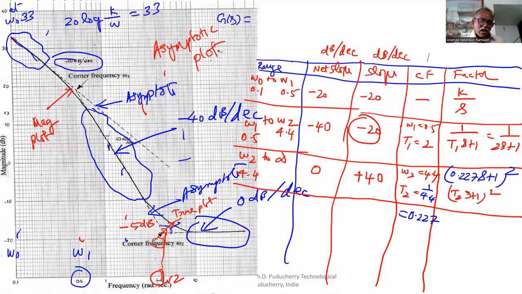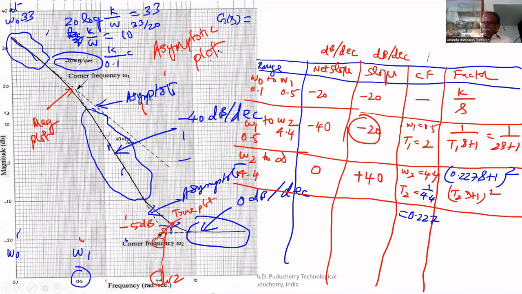Therefore, log K by omega equal to 10 power 33 divided by 20. Omega equal to 0.1. Therefore, K by omega equal to 10 power 33 by 20. K by 0.1 equal to 10 power 33 by 20.